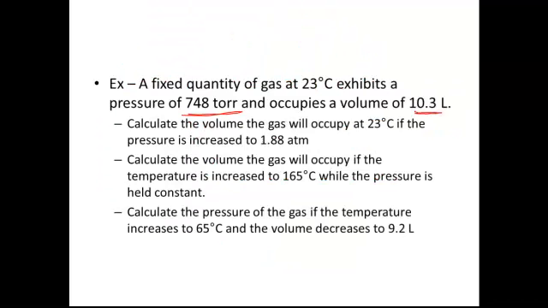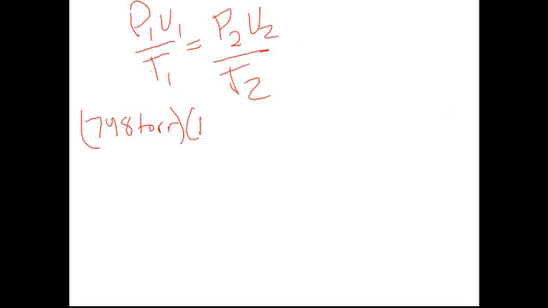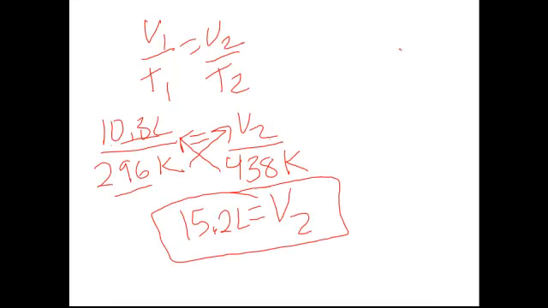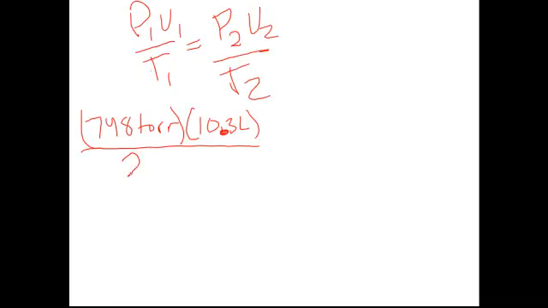Our initial volume was 10.3 liters. That's a decimal point there, sorry. And we're going to divide that by the initial temperature, which, again, in Celsius, it was 296 Kelvin. So over 296 Kelvin is equal to our final pressure, our P2.